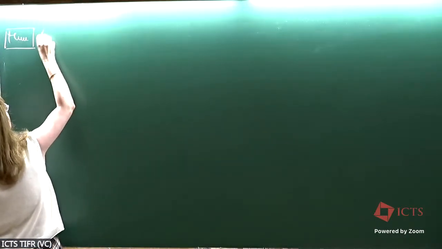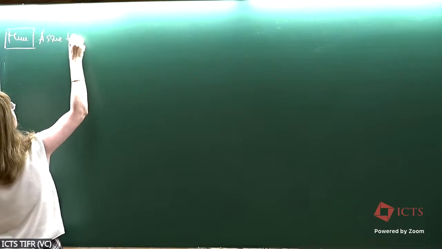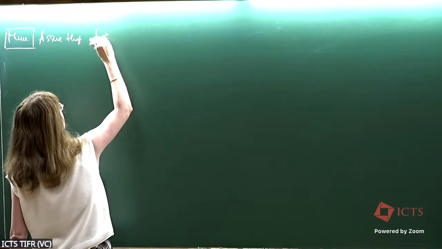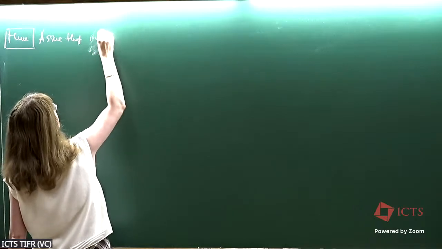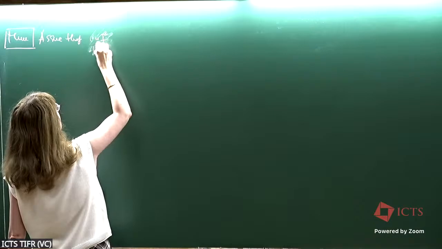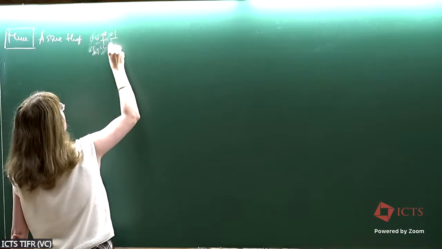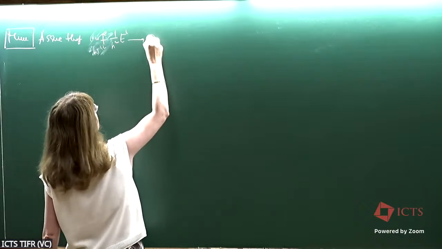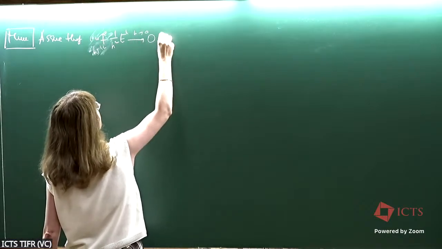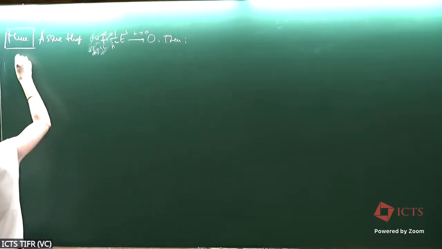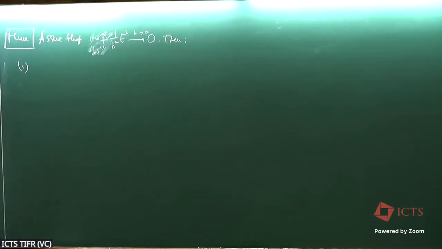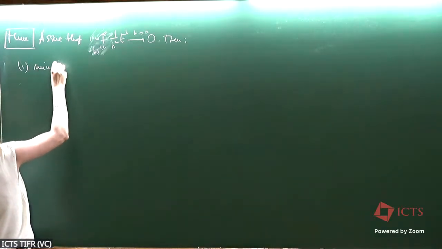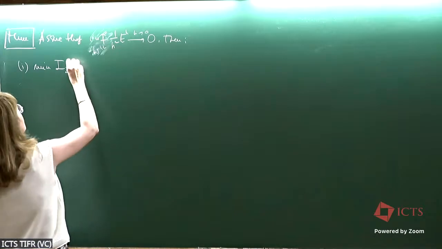Assume that the infimum over W^{1,2} deformations of (1/h²) E^h converges to 0 when h goes to 0. Then the first assertion was that the minimum of I2 equals 0.